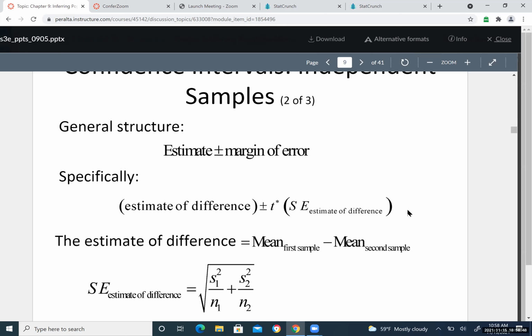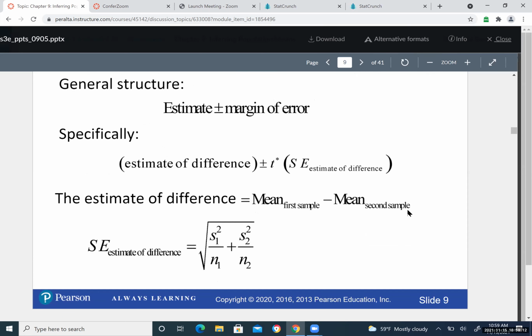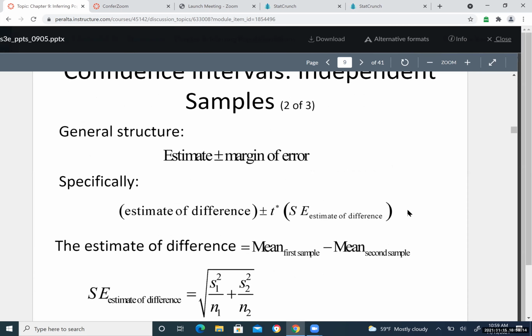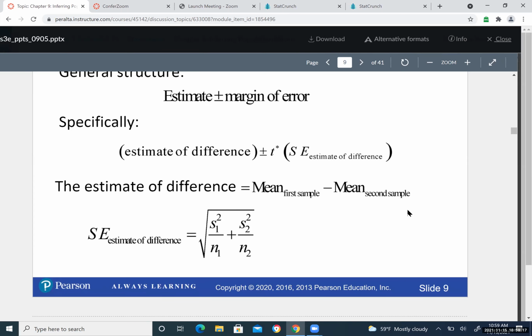So for the estimate of the difference, you plus and minus t star, which is the t value that you need to compute. The SE, you already know the general formula for one sample is s divided by square root of n, right? But this time you've got s1 and s2 over n1 and n2, so it's now combining two samples, with a plus, not minus, and they square things here.